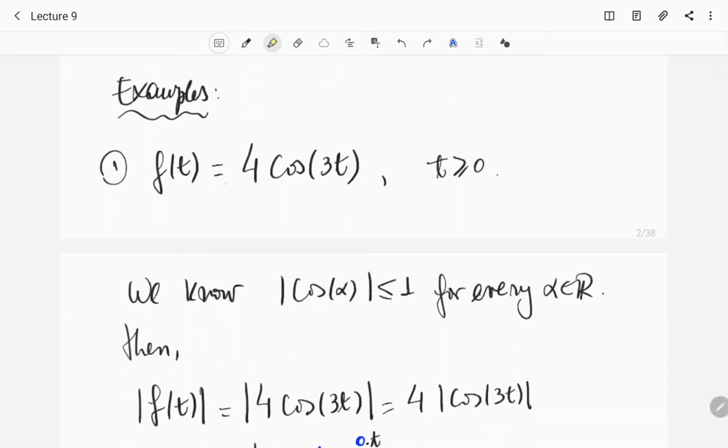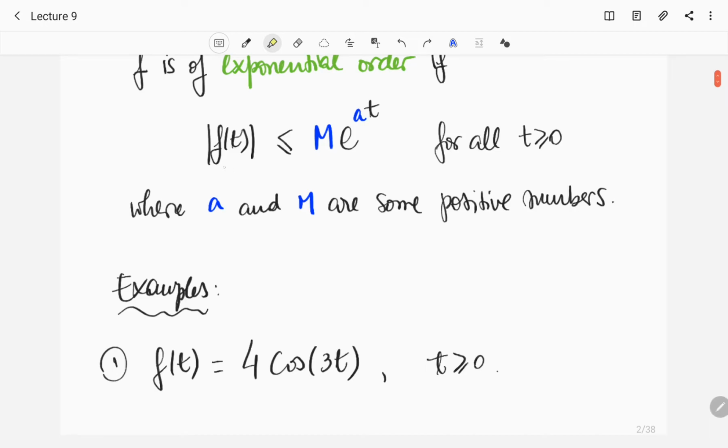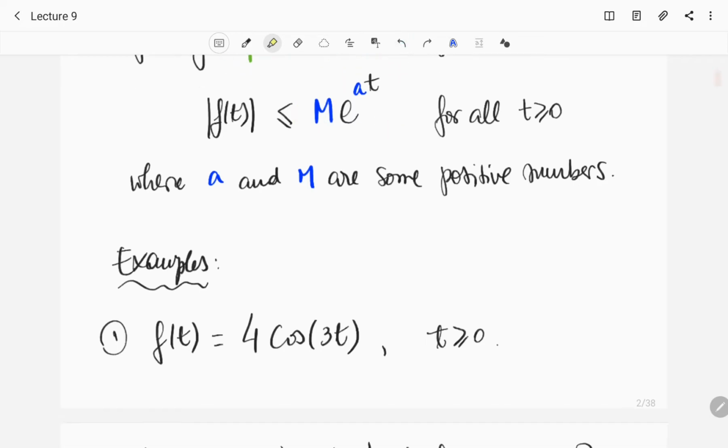Okay, so some examples. This function f of t equal to 4 times cosine of 3t, where t is positive or 0. If we want to prove that this function has exponential order, verifies this condition, we need to find these numbers. We need to estimate the absolute value of the function and try to find something like this with an exponential and some positive numbers.